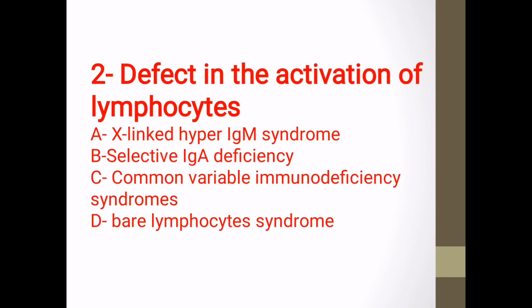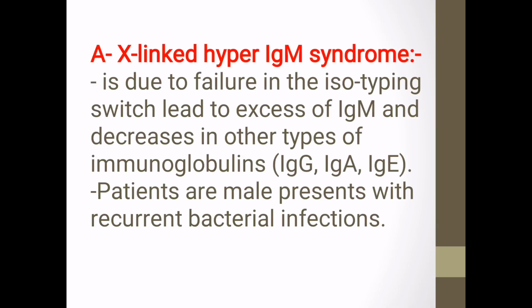Okay, these are four syndromes: X-linked hyper IgM syndrome, selective IgA deficiency, common variable immune deficiency, and bare lymphocyte syndrome.